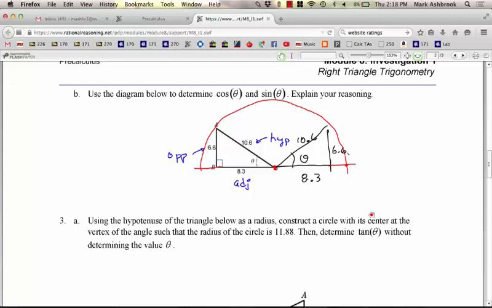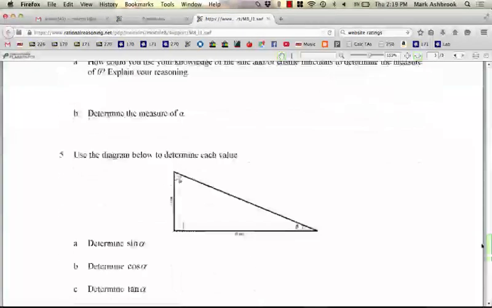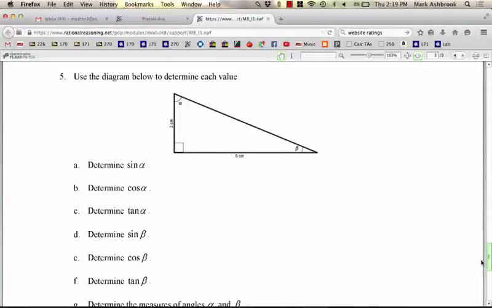So this allows us to extract a right triangle from the circle and then flip it, rotate it, and these ratios are still maintained. So we can apply it to all kinds of real world situations. Okay, questions on these problems? Okay, try number 5.